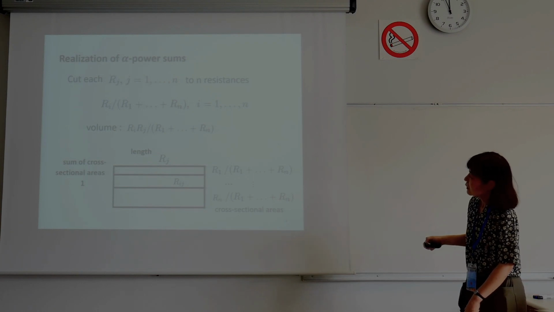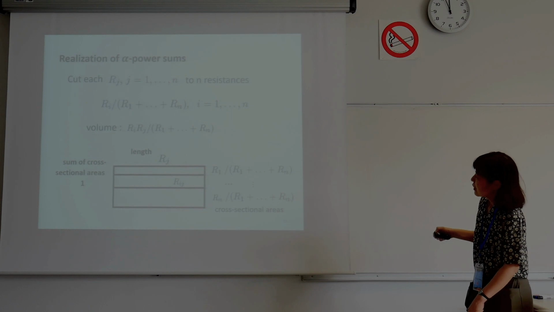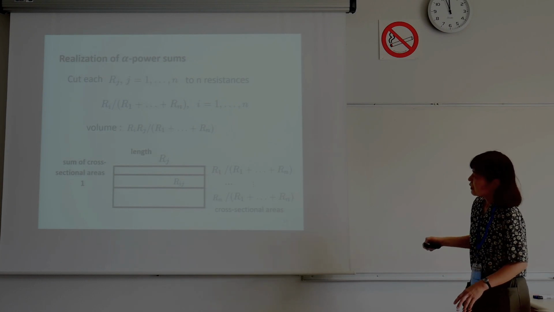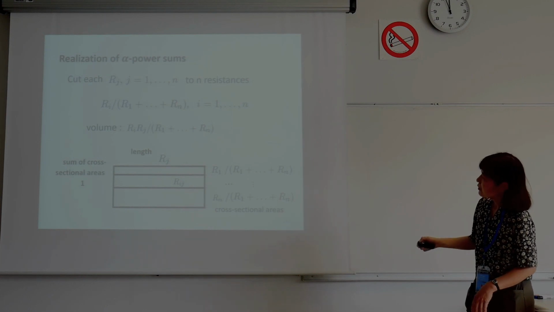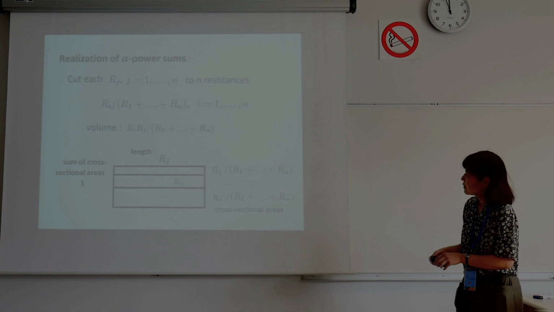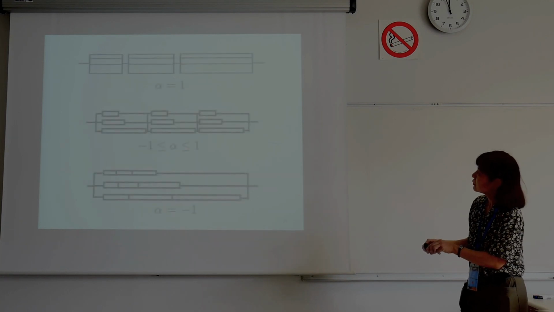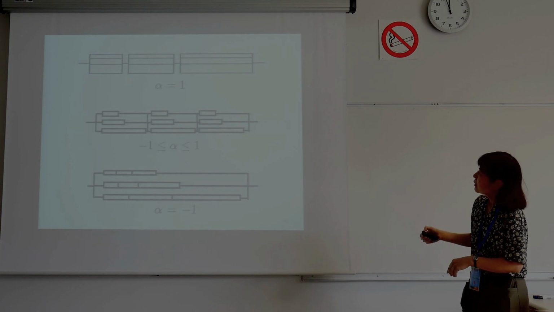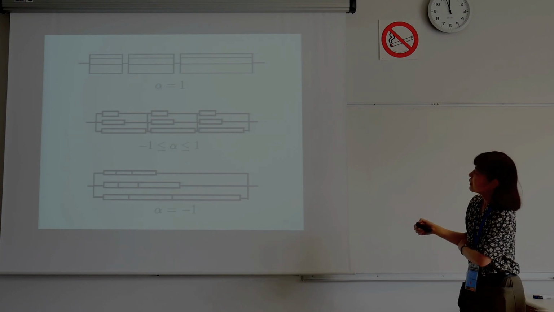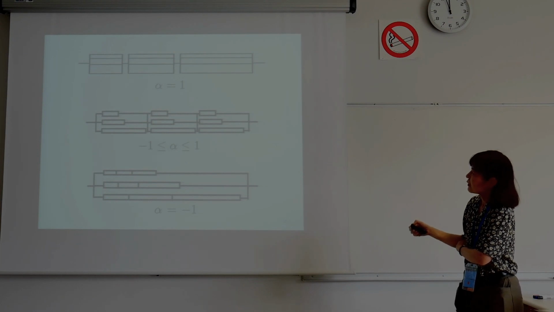The cross-sectional areas have these values, and the sum of these values is 1. The length is Rj. If alpha is 1, we have this image.